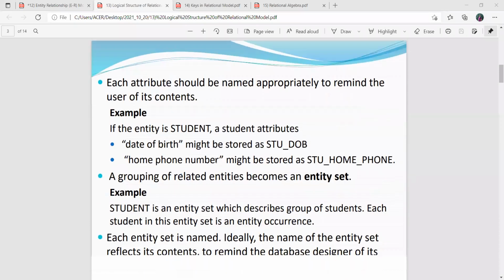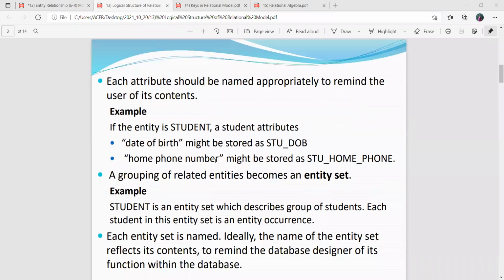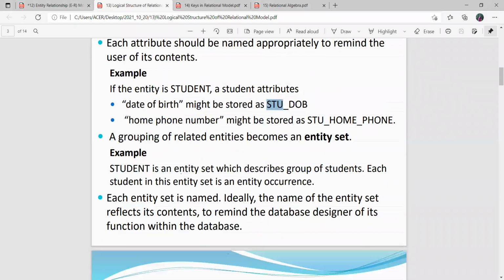We can denote this student entity like this, to indicate this DOB belongs to the student entity. I already told this one. A group of related entities becomes an entity set. As an example, student is an entity set which describes the group of students.